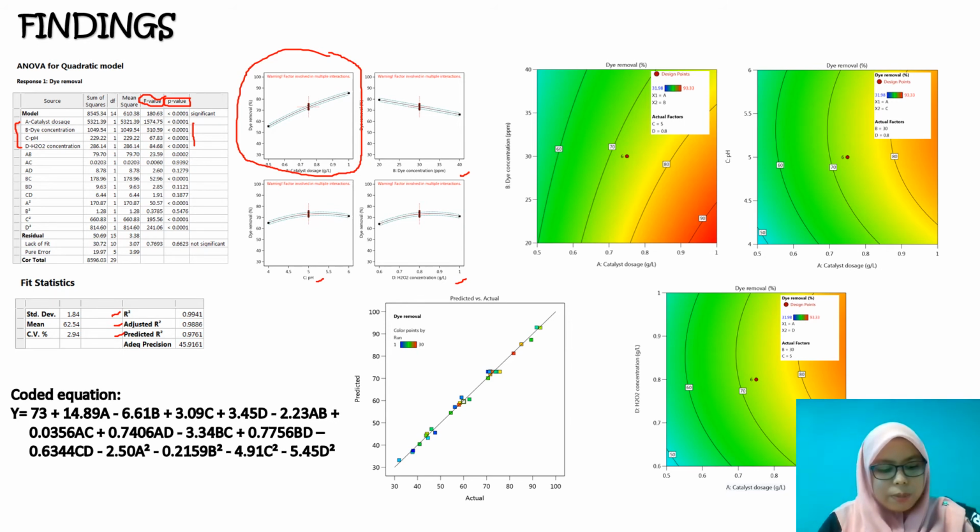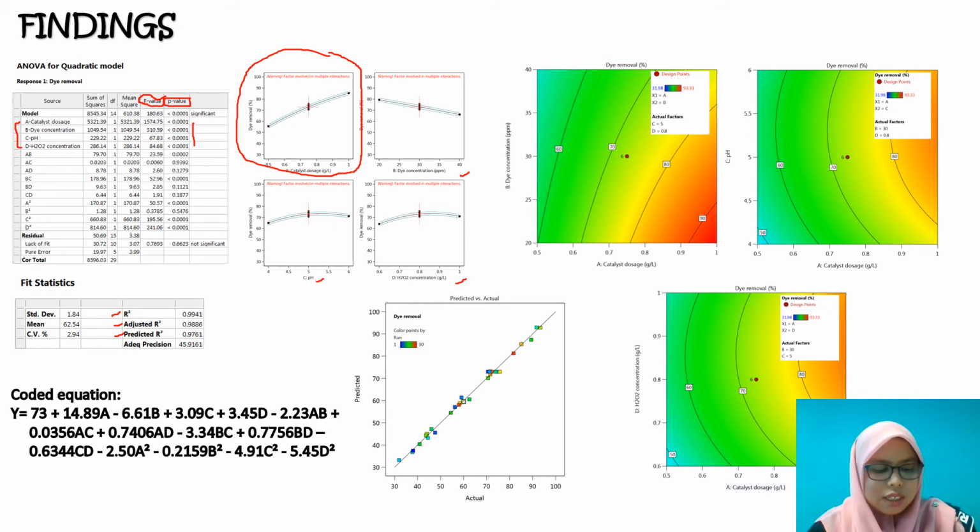The contour plots display the relationship between initial dye concentration, pH of solution, and H2O2 concentration towards the dye removal.